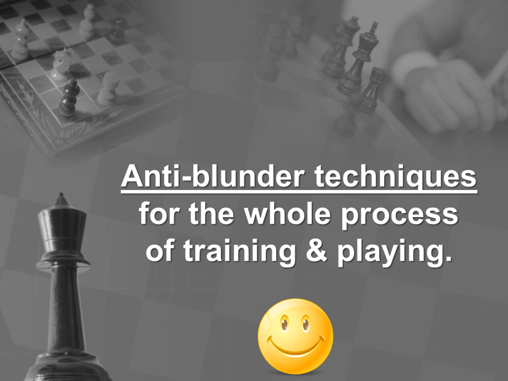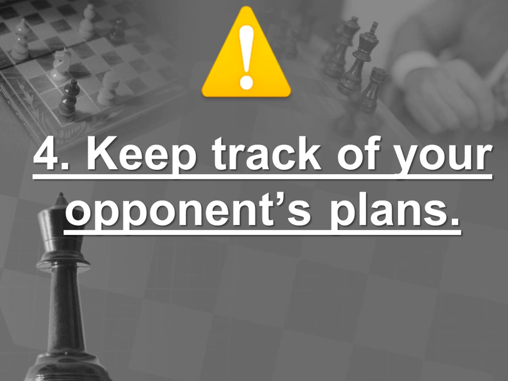And in this lesson we're learning the anti-blunder techniques for the whole process of a game, starting from the very beginning until the end. In the first part of this lesson we have analyzed the pre-game preparation, also we analyzed an opening stage, and we came to the middle game stage. As for the middle game stage, we have learned one very important rule, which states that you always should keep track of your opponent's plans.